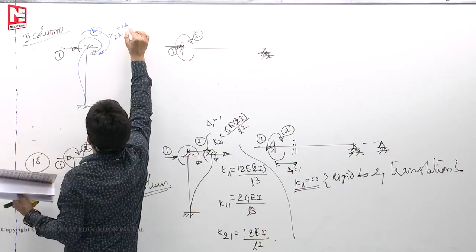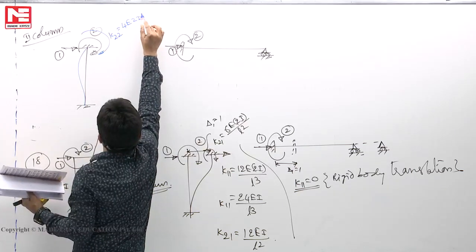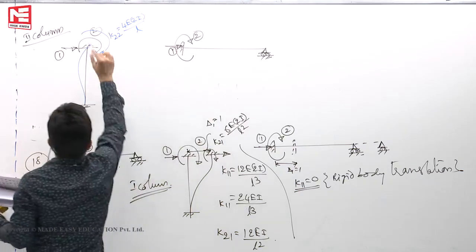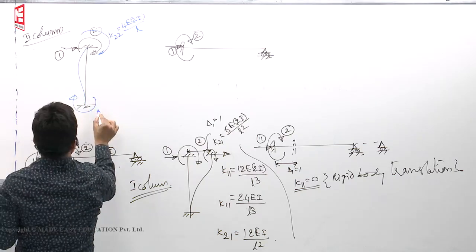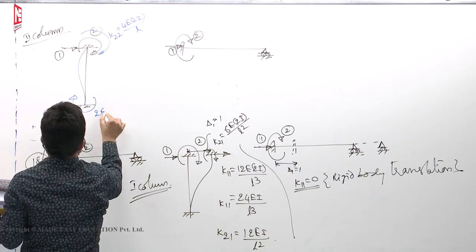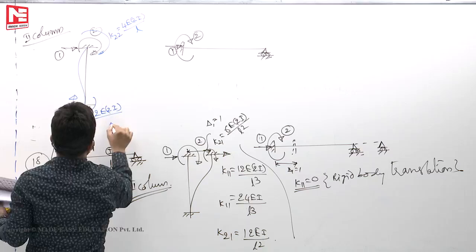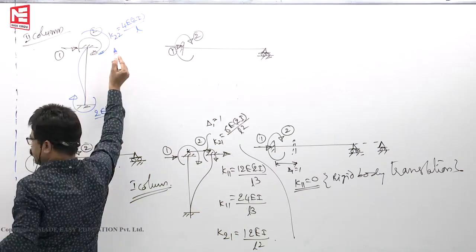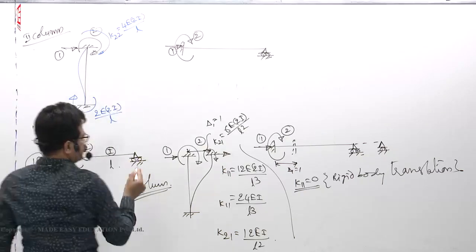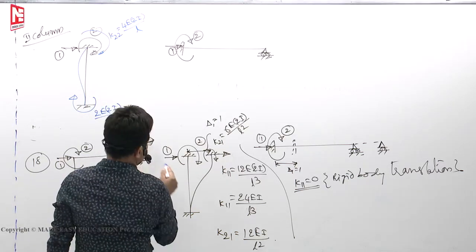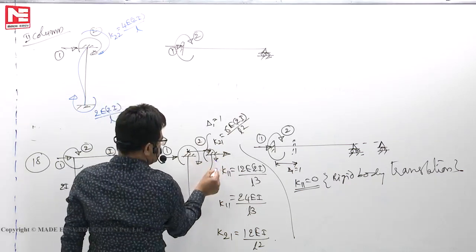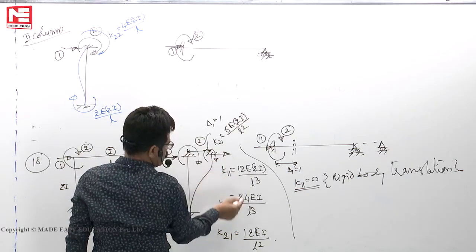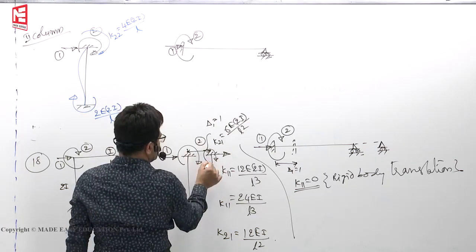K22 is 4EI by L, with I meaning 2I. Because of that, here 2EI by L. Both of them are clockwise, then here anti-clockwise. Here you see the moment that will develop is K21.